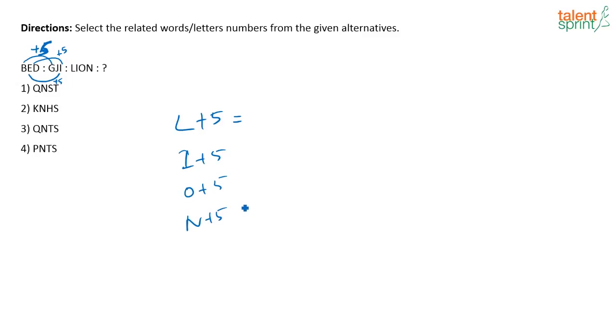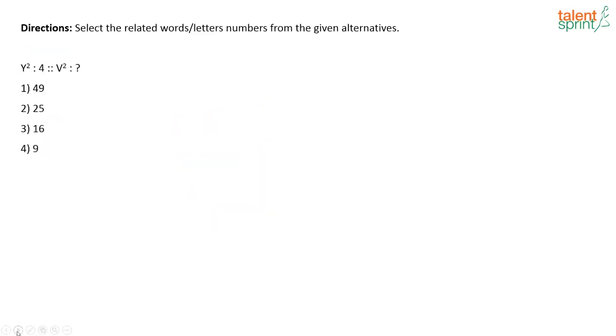So here what will be the answer that you get? L plus 5 is Q. Similarly, I plus 5 will be N and O plus 5 will be T and N plus 5 will be S. So the answer that you are looking for is Q and TS. Q and TS will be your correct answer.